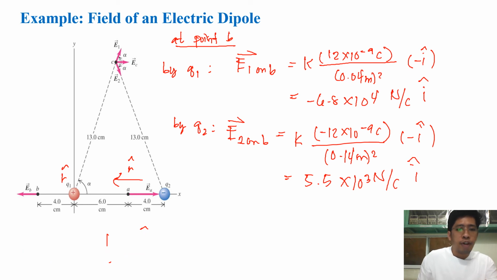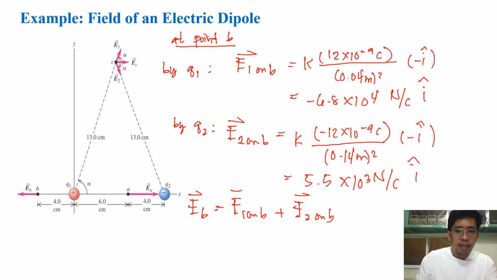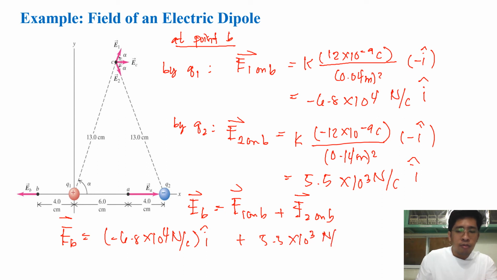Now let's find the total electric field. Your E on B is just your E1 on B plus your E2 on B. So your E on B is negative 6.8 times 10 to the 4th Newton per coulomb I hat plus 5.5 times 10 to the third power Newton per coulomb I hat.